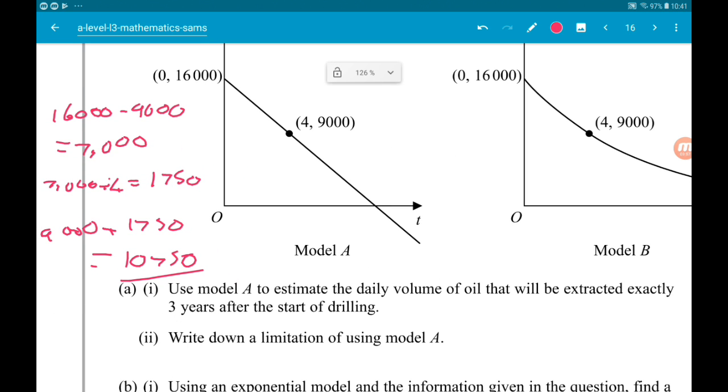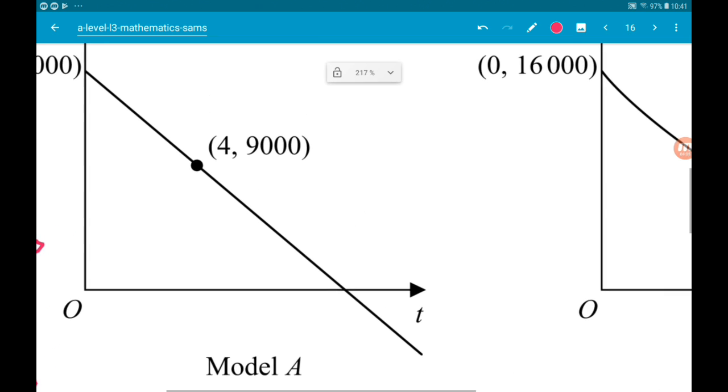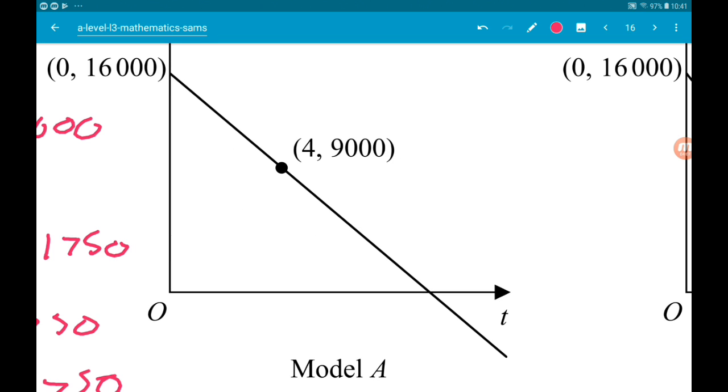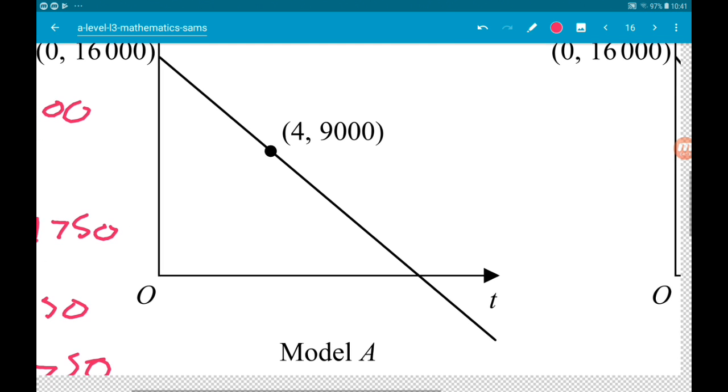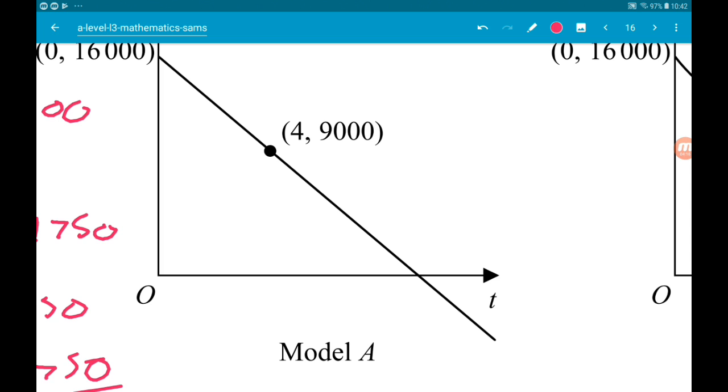Part 2 wants us to write down a limitation of model A. We can even see it on the graph, and that is this bit over here.